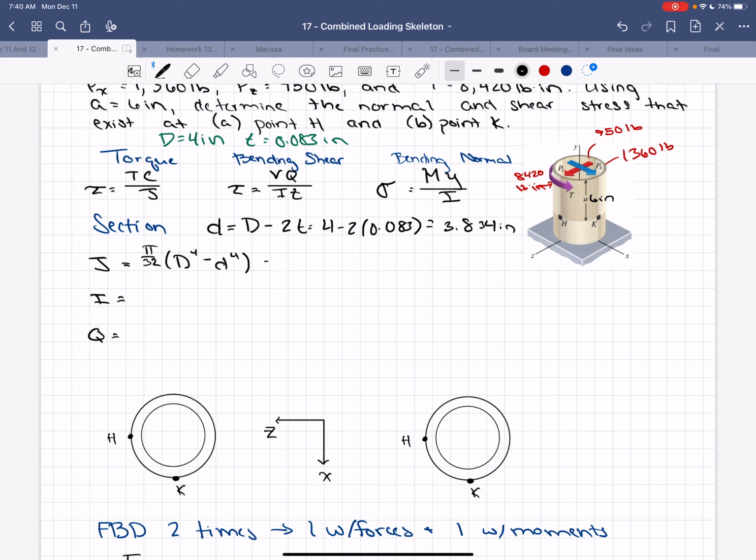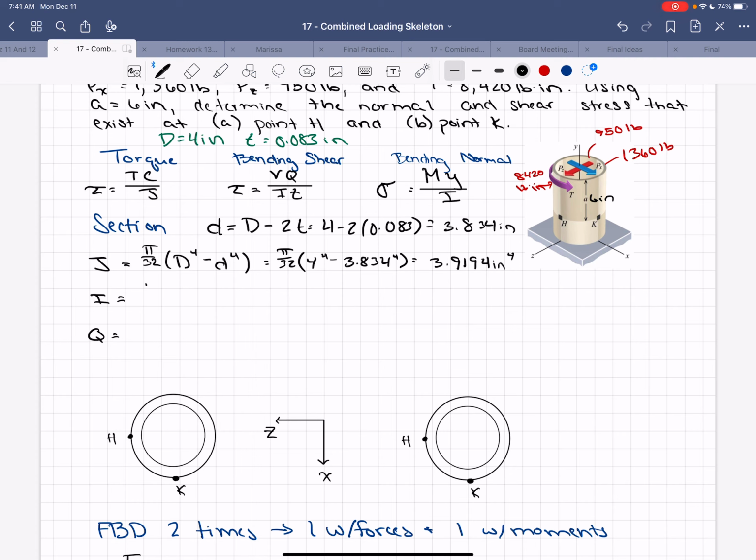So J will be pi over 32 times 4 to the fourth minus 3.834 to the fourth, and we get J equals 3.9194 inches to the fourth.